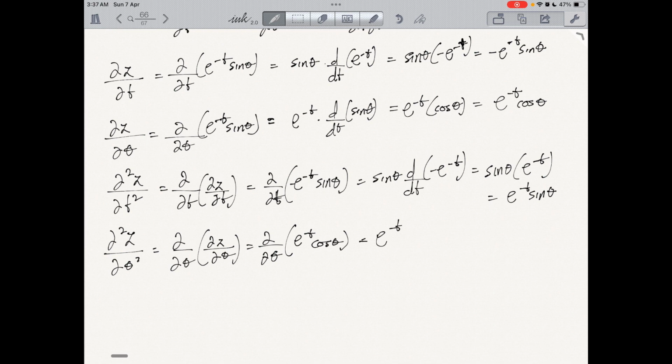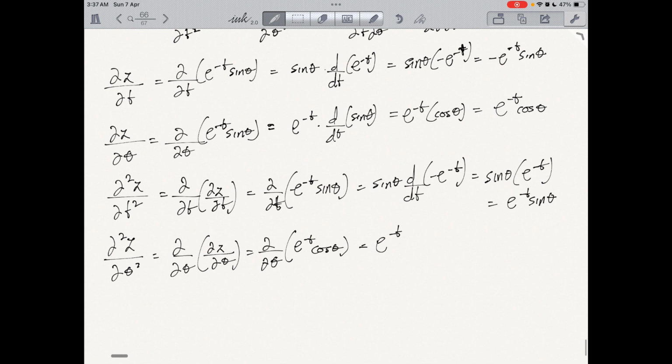Therefore, exponential minus t is kept constant, and then we are differentiating fully with respect to theta of cos theta, and this is exponential minus t, and differentiating cos theta, we have minus sine theta, and that is minus exponential minus t sine theta.